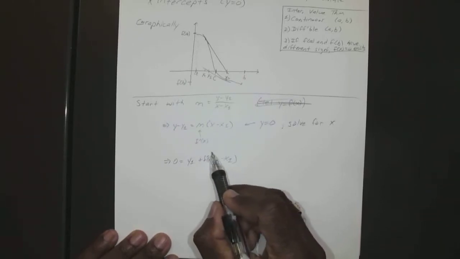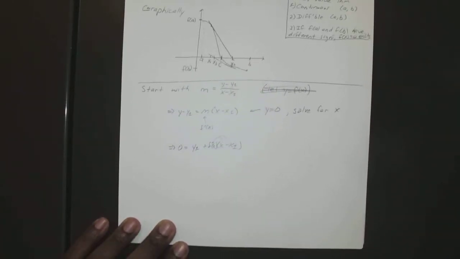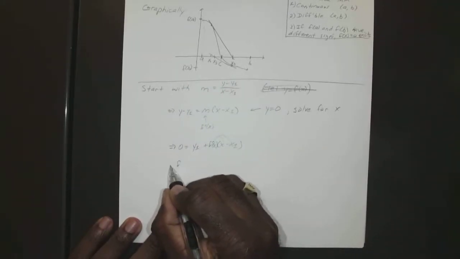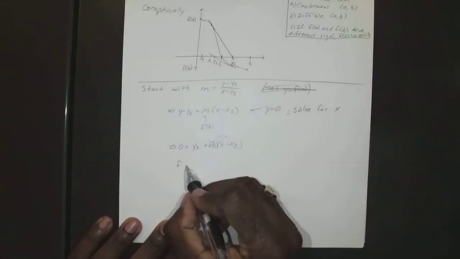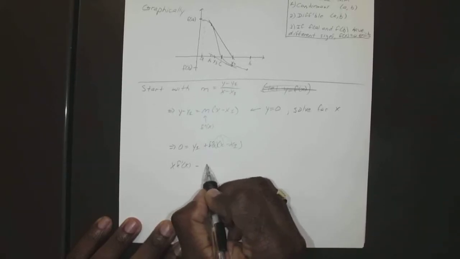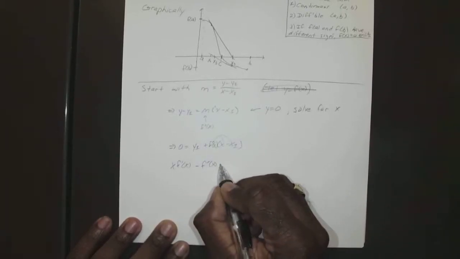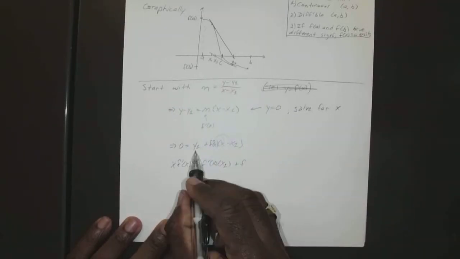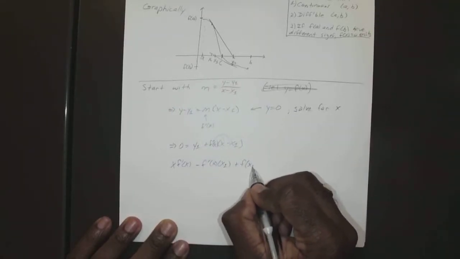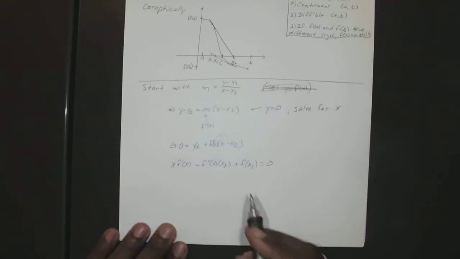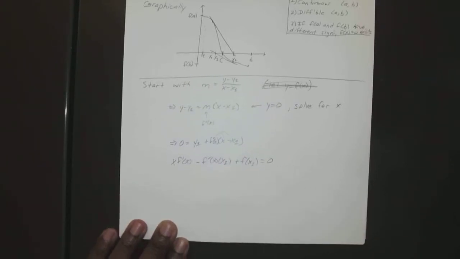All right. So if we go ahead and distribute our f prime of x, we end up with, oh, here we go, f prime of x times x minus f prime of x times x1 plus our y1, we can make that f of x1 equals 0. Okay, then we just go ahead and subtract our f of x1.